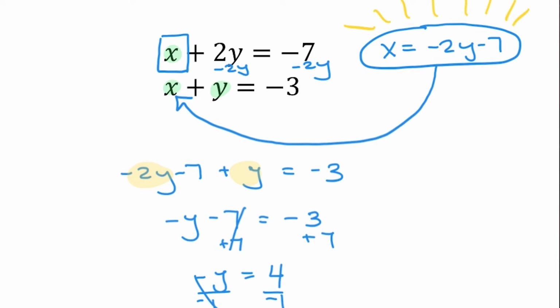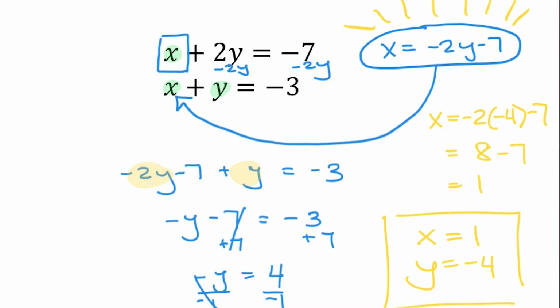So now that we know y, we can just plug that in. So x would be negative 2 times negative 4 minus 7, which is 8 minus 7, and that's 1. So the solution to this system is that x equals 1 and y equals negative 4.